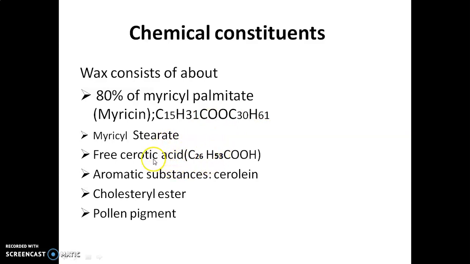It also contains hexacosanoic acid, that is, a C26 acid, which is free cerotic acid. Apart from that, it also contains aromatic substances like cerolin, cholesterol ester, and a few pollen pigments may be present in fresh yellow beeswax.